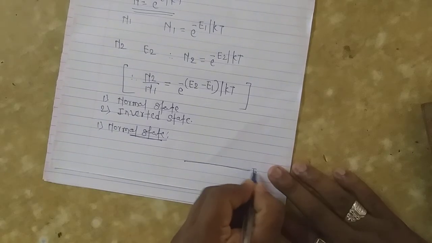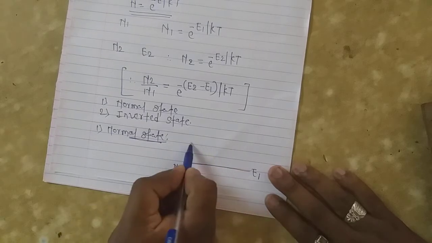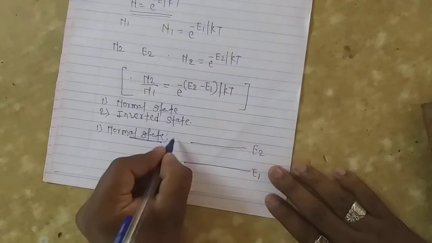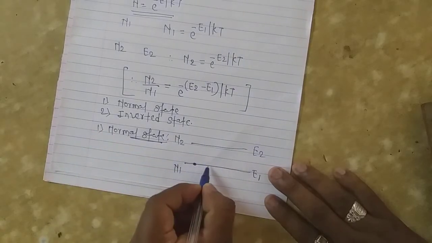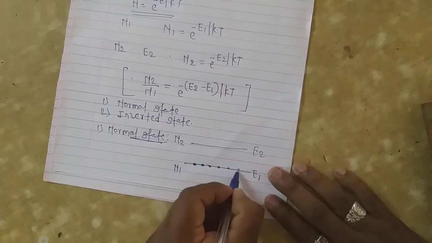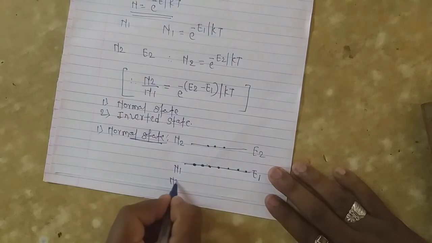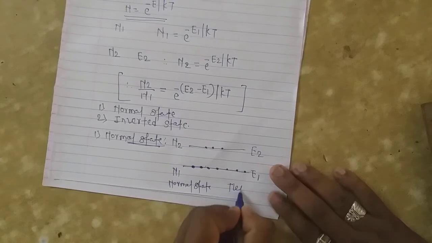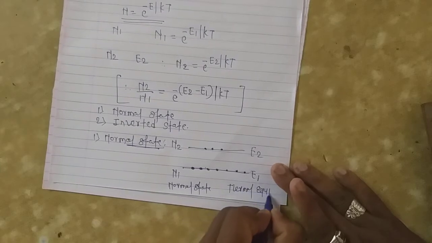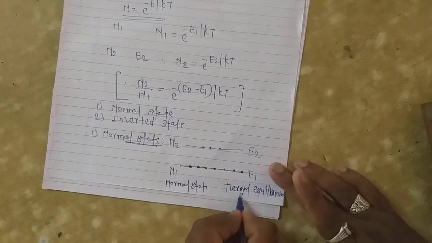These are the lower level E1 with population N1, and the excited level E2 with population N2. This is the normal state, the thermal equilibrium condition.